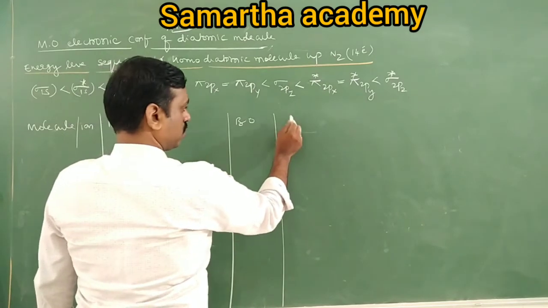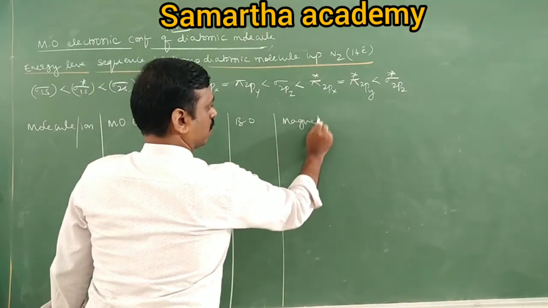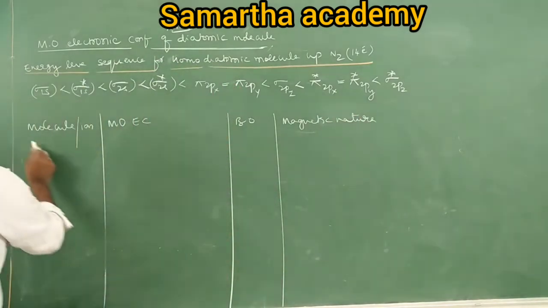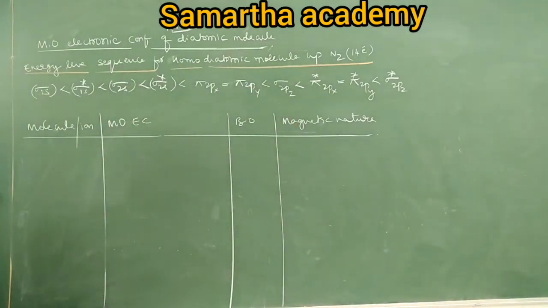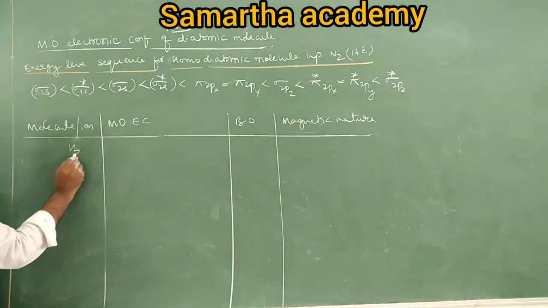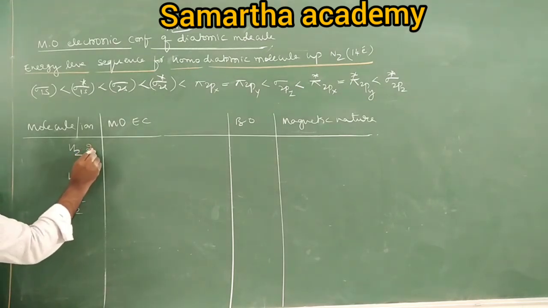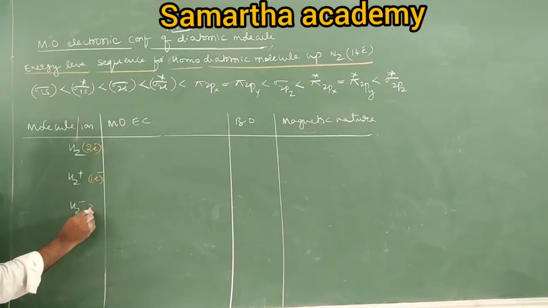Next, magnetic nature. For molecule or ion, I'll take H2, H2 plus, H2 minus. Come on, tell me, H2 has how many electrons? 2 electrons. H2 plus has 1 electron. H2 minus has 3 electrons.